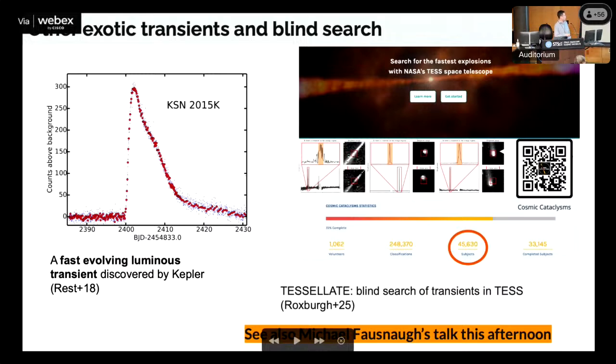That's why we started a program called TESSELATE, in which we do a blind search for transients in the TESS field of view. In total, we get around 45,000 objects, and most of them are actually stellar flares or moving objects like comets and other galactic objects.